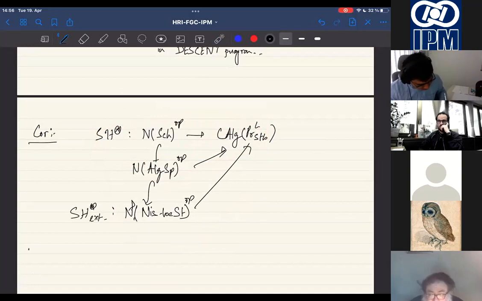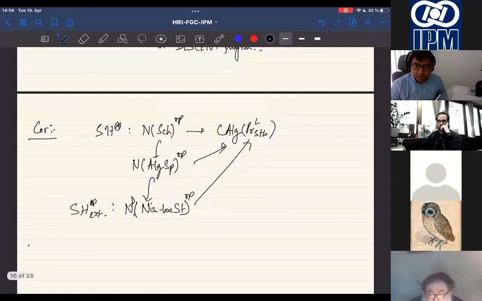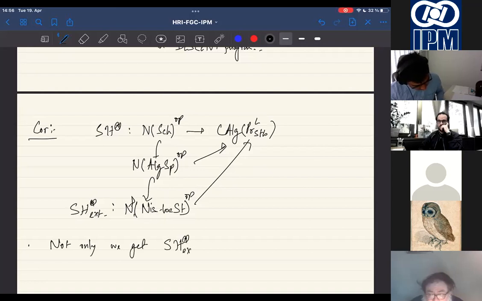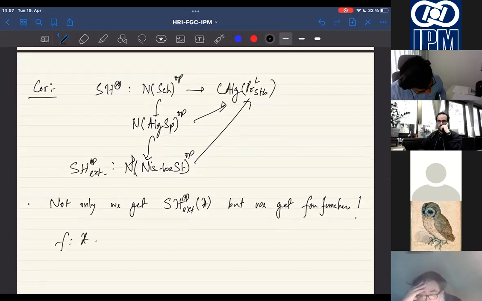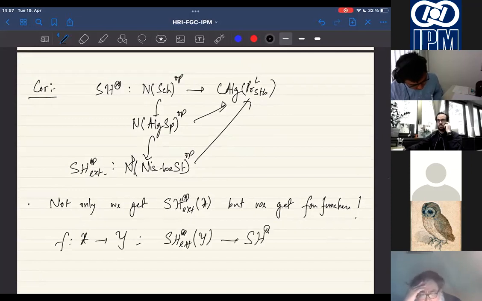So what we get from this functorial description is that we not only get SHE of X, but we get four functors. Namely, for f from X to Y, this functor sends SHE of Y to SHE of X, and this is the pullback functor that I want.